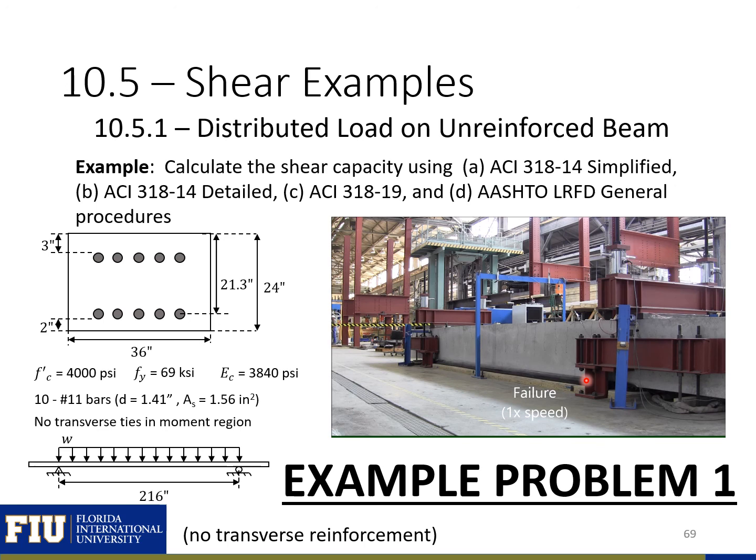So here's failure, and you can see as soon as the shear crack develops, the beam fails. The longitudinal reinforcement helps to hold the beam together to a certain extent, but the beam ultimately fails. And we'll see a slow motion of failure next.